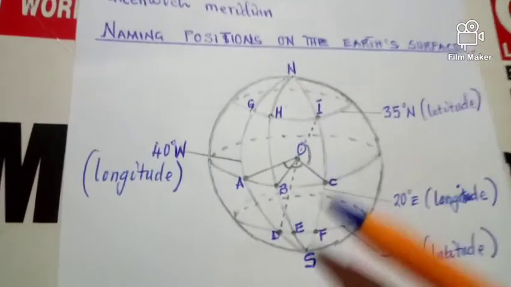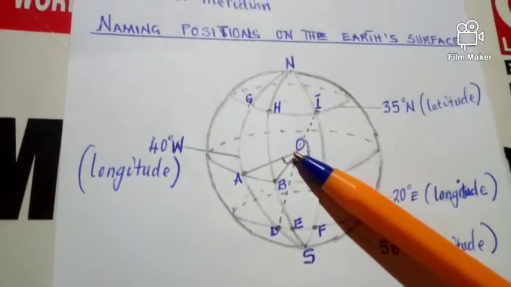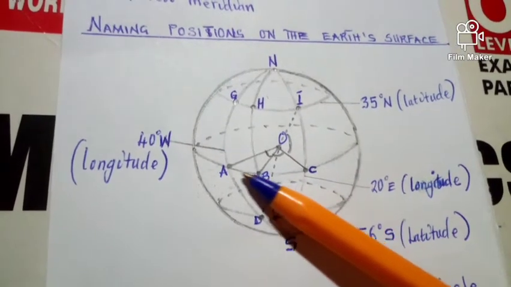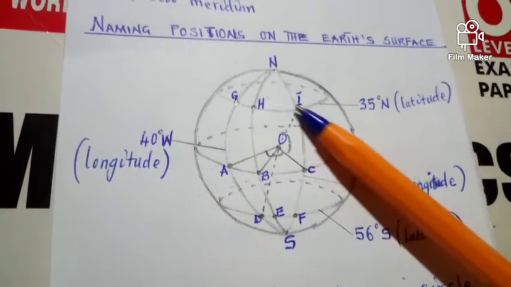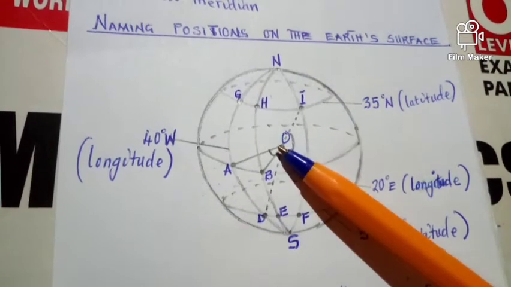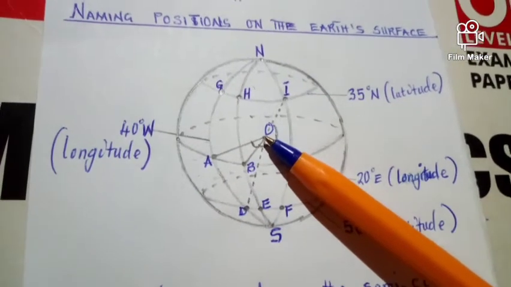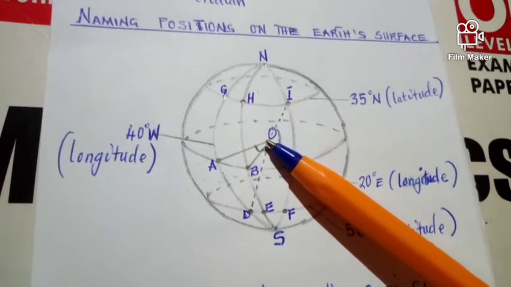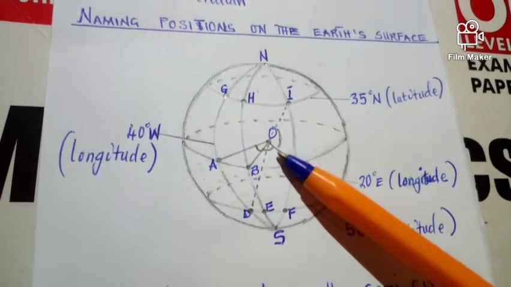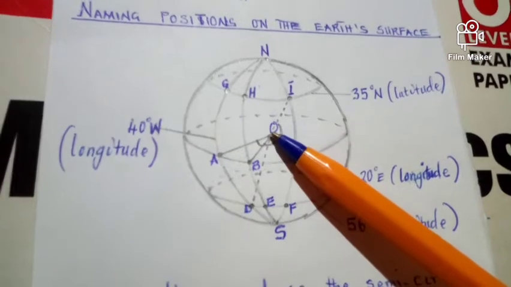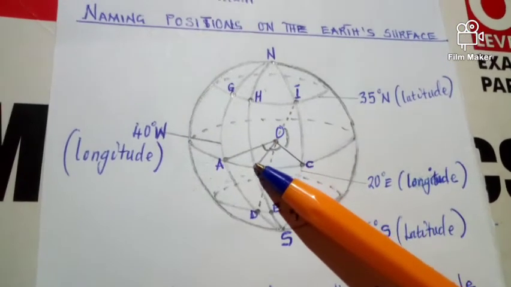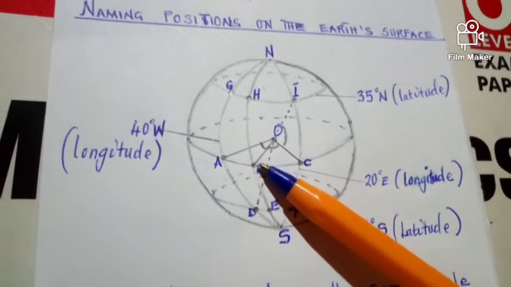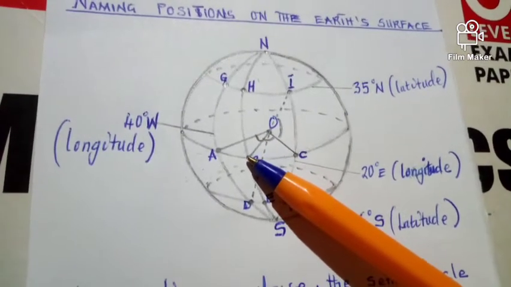Then we have the center of the Earth, O, and this is the equator, it comes here and then passes on the other side of the Earth. Now from the center of the Earth, there are angles that are formed here. As I have said, from here to here, this is where you measure angles from B.